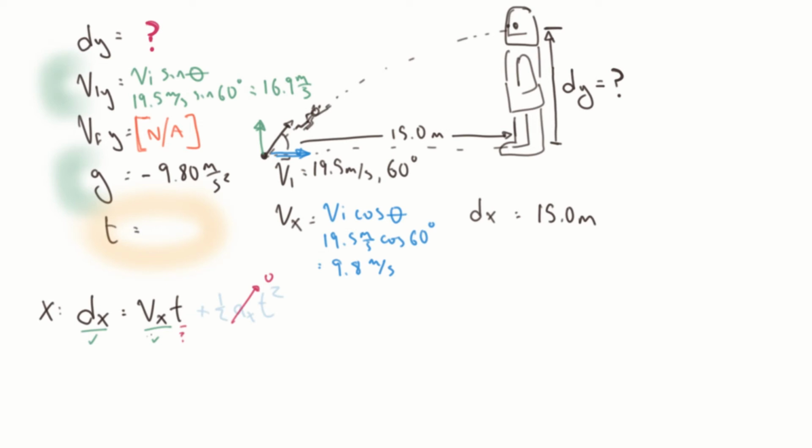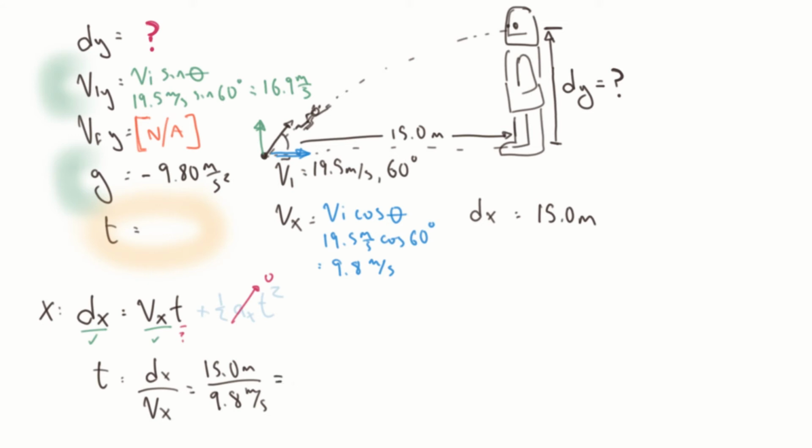So we manipulate to solve for time. Time is equal to dx divided by vx, so that's going to be 15.0 meters divided by 9.8 meters per second. Instinct is to say 9.8 meters per second squared, but it's just a coincidence.